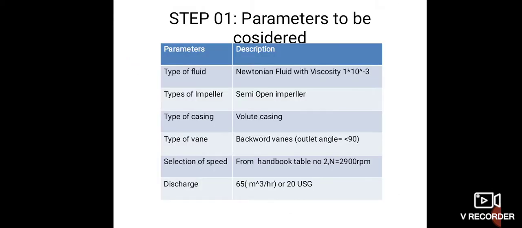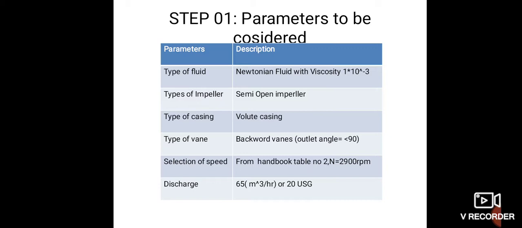Now, step one, select the various parameters. First of all, we select the Newtonian fluid. Why do we select Newtonian fluid? There are various types of fluids in industrial applications, for example Newtonian fluid, non-Newtonian fluid, ideal plastic fluid, and pseudoplastic fluid. For example, in the sugar industry or farming applications, in most cases the Newtonian fluid is present.